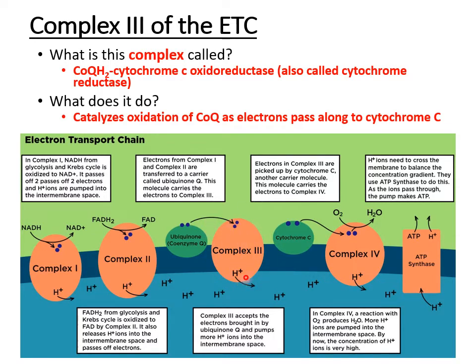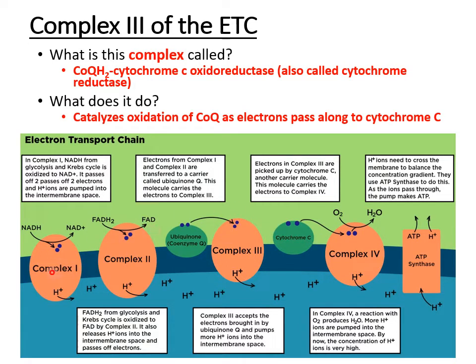They are completely embedded within the membrane, whereas the CoQ and the cytochrome C that are carrying or passing along the electrons, these electron carriers are not part of the complexes and can instead move around freely within the membrane.